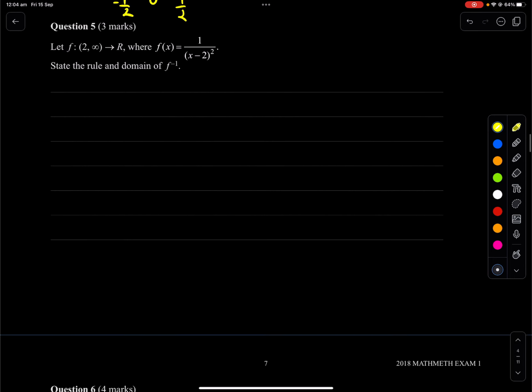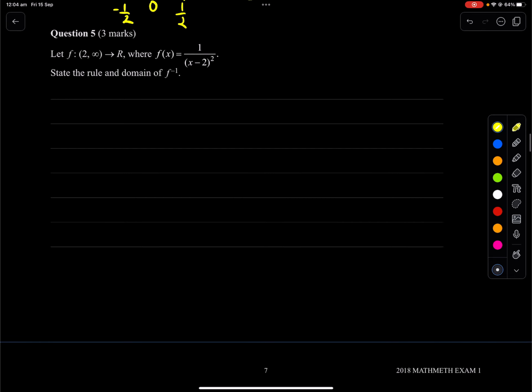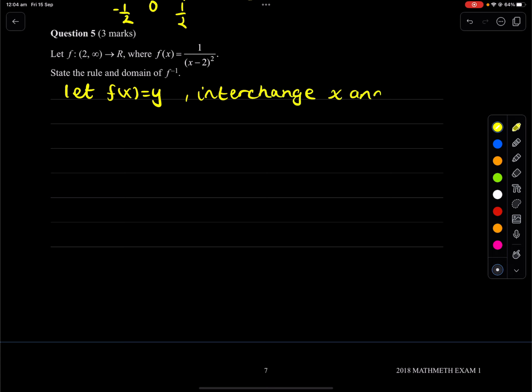Looks good. Let f be this. State the rule and domain of the inverse. Okay, so we have to say let f of x equal y. Interchange x and y. So that will mean x equals 1 over y minus 2 squared, 1 over root x.